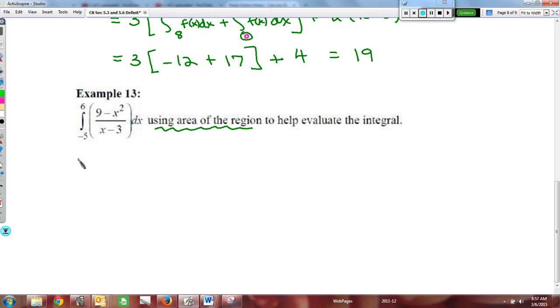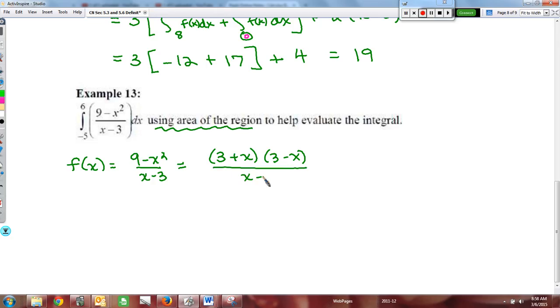Now what we need to notice is that if I'm going to graph this f of x, 9 minus x squared over x minus 3, using your Algebra 2 skills, this is 3 plus x, 3 minus x, all over x minus 3. And just with a little factoring here, I'm going to pull a negative out of this factor.